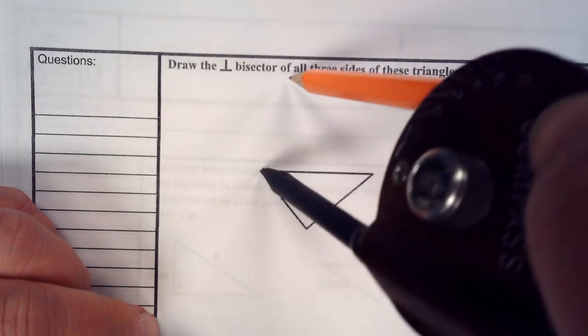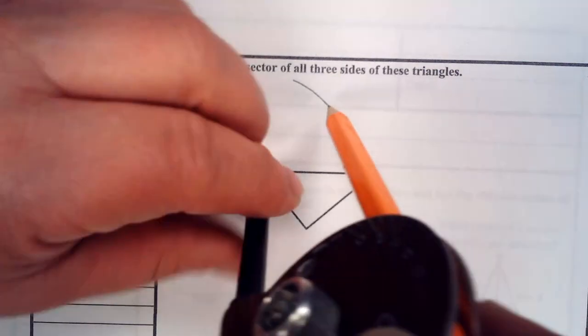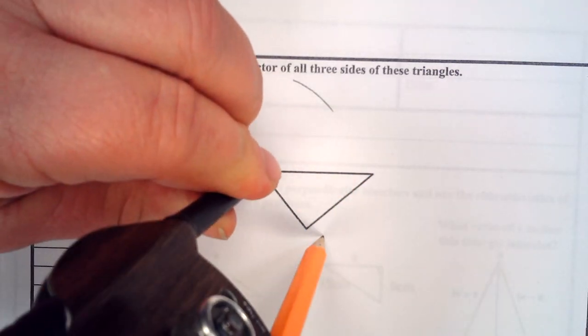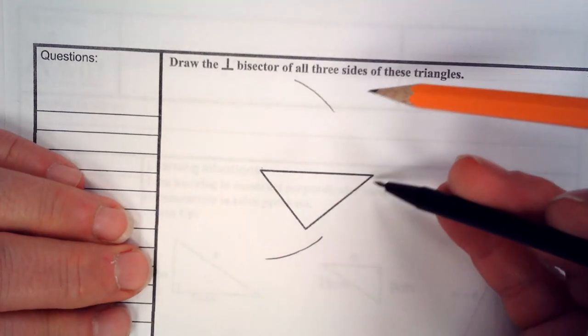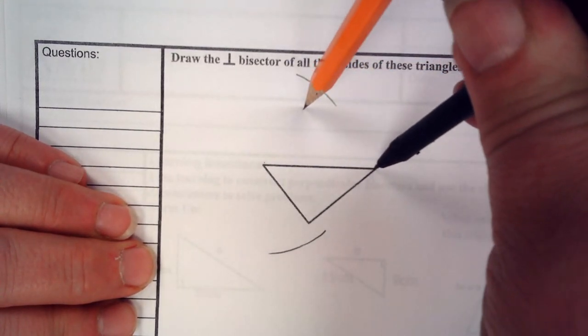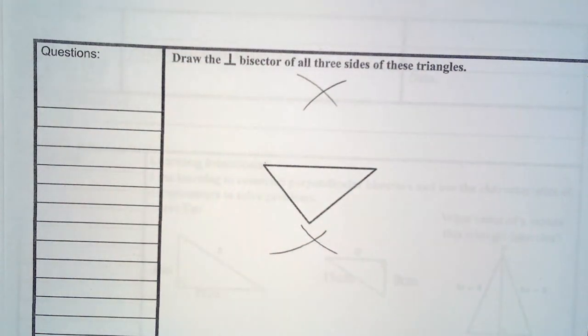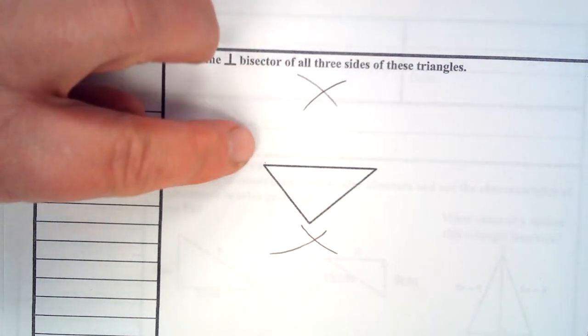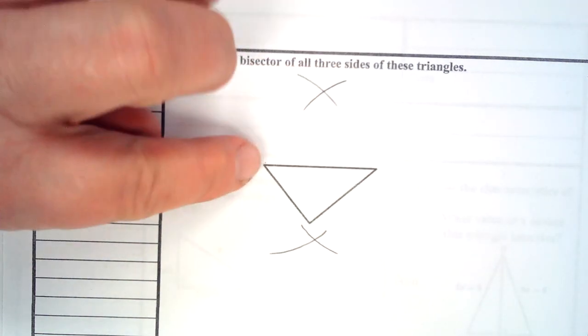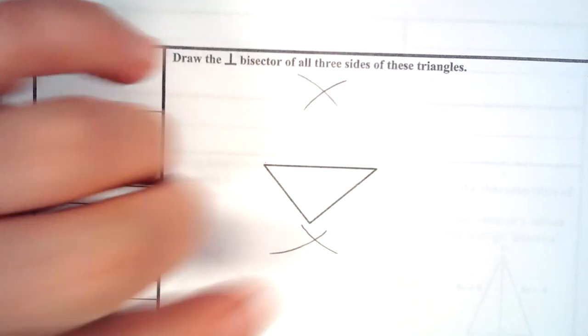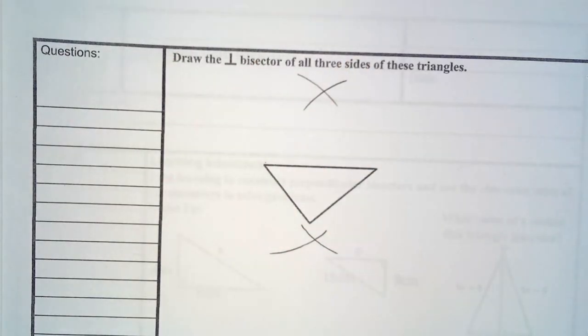So I will make an arc up above, and then I'll make an arc down below. From the other side, once again, an arc up above, and an arc down below. Now, because I have not changed the distance, then I know these 2 points are the same distance from that edge. Now I draw a line.